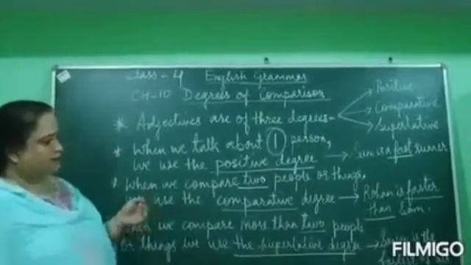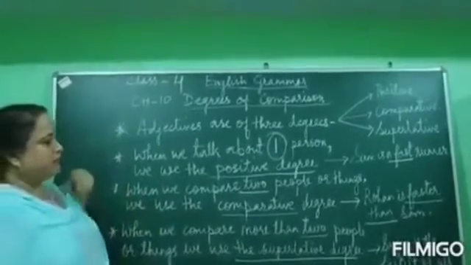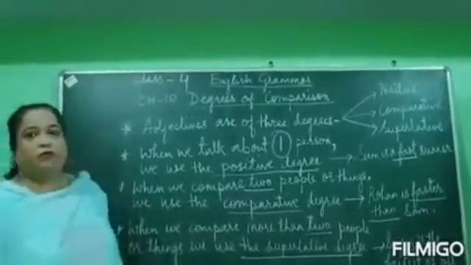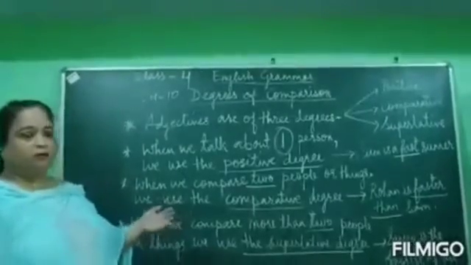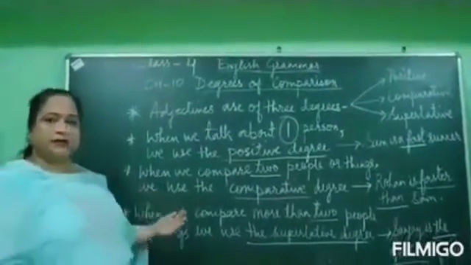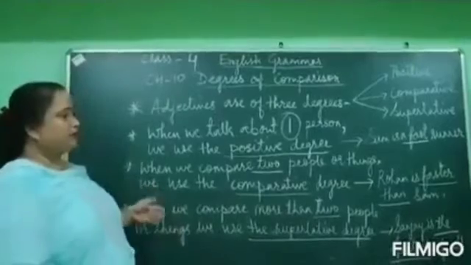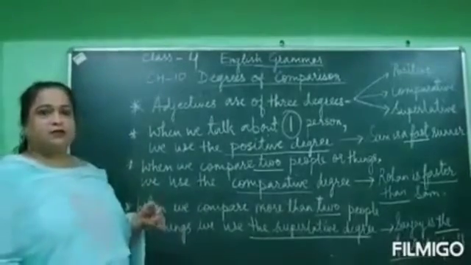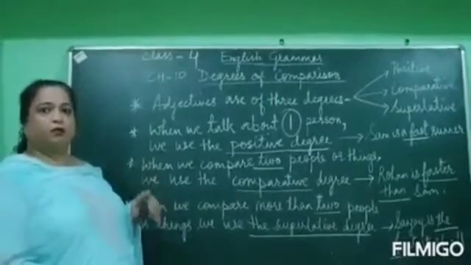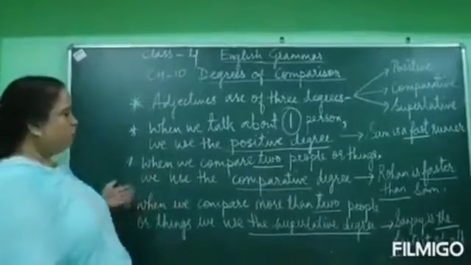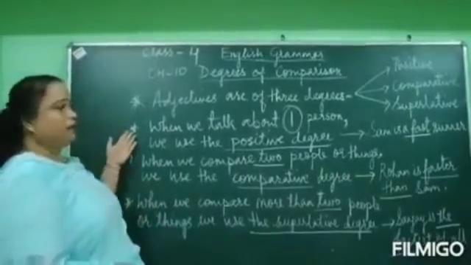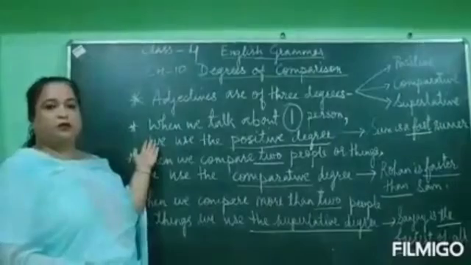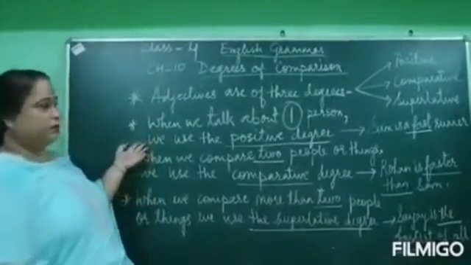So what did I write as an example? Sanjay is the fastest of all. Fastest of who? He is faster than Sam and he is faster than Rohan. That means we are comparing more than two people. So how did I use the first degree? I use the first degree when I talk about only one person.